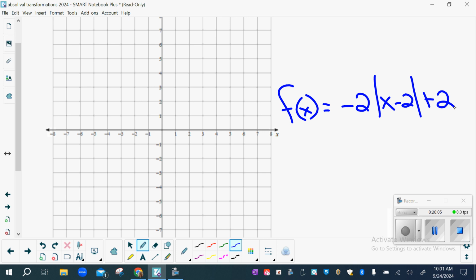Be careful on your range on this one. This one's going to be a little bit of a trick on the range. Domain and range.